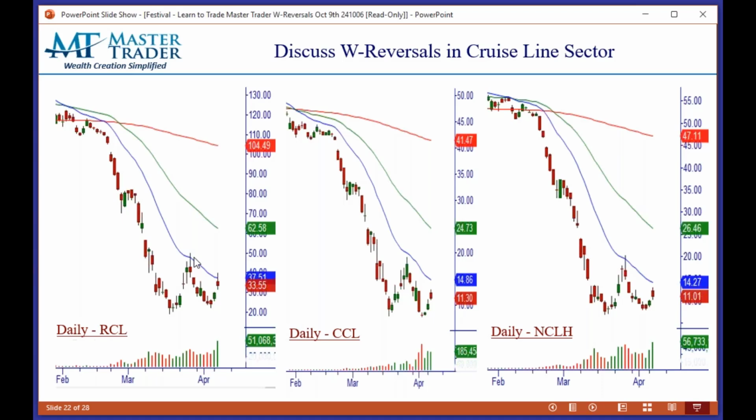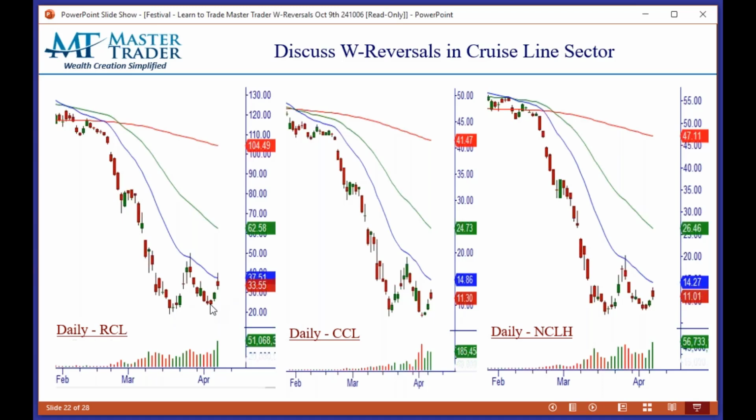And yes, quality ones are tradable, but that's not my subject today. A W retest has substantially higher odds, just inherent in the name, because it's a bullish retest.